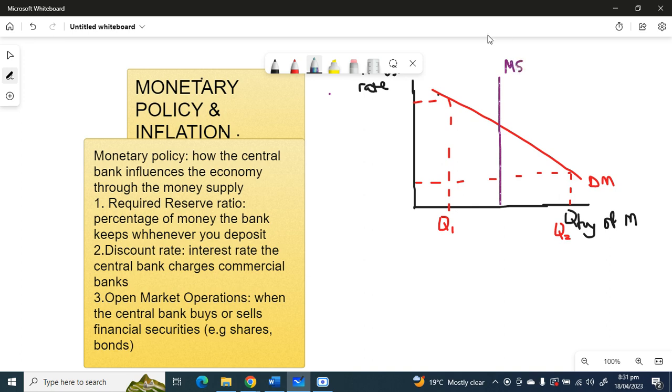All right, this graph is going to show us what happens when the central bank exercises expansionary monetary policy. This is where they want to increase the money supply so that they can stimulate more spending, which can help increase our real GDP output.